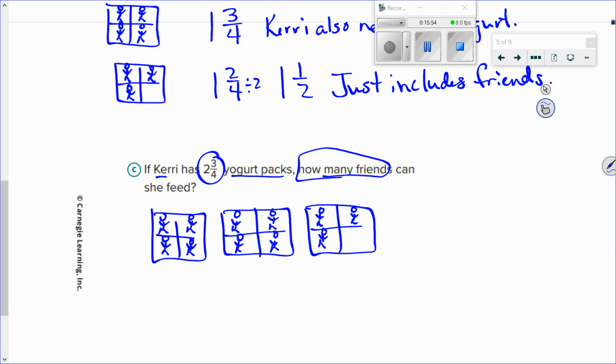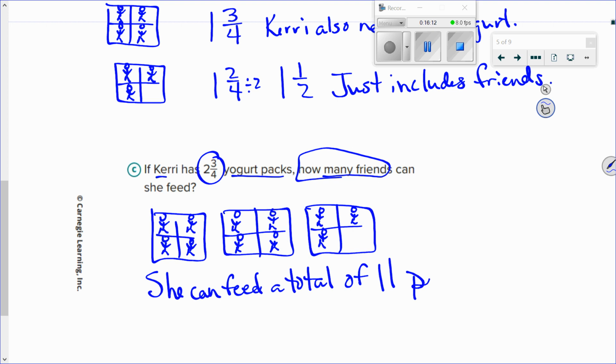Again, it depends on how you're looking at it. If you're counting Carrie as one of the people, she can feed a total of 11. So that would be 10 friends and her.